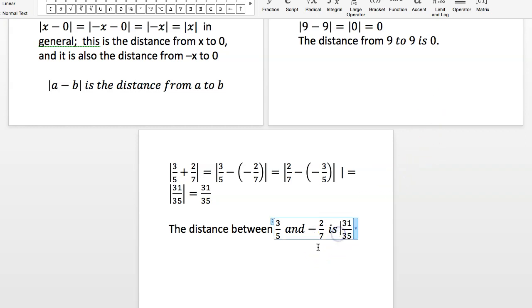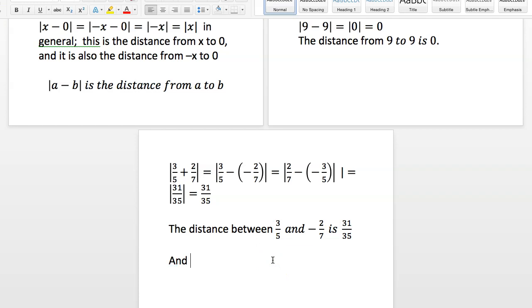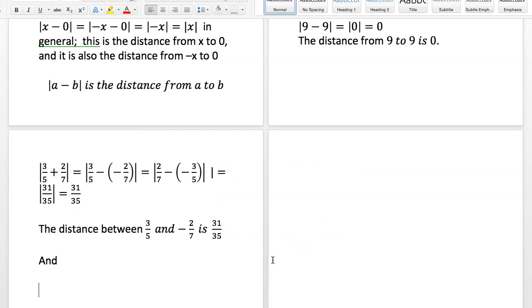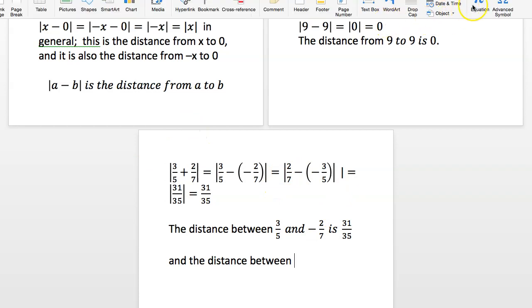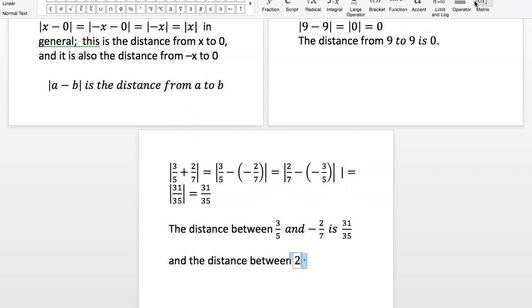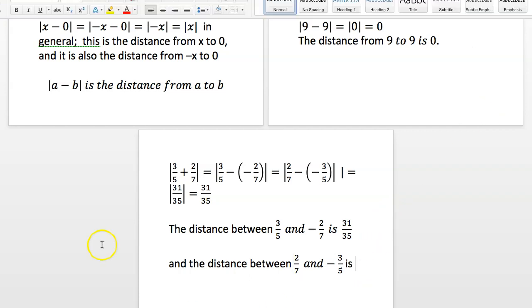And the distance between, for the other case, really one's just as valid as the other. I really shouldn't say evil twin. 2/7 and negative 3/5 is the same. 31 35ths is also 31 35ths.